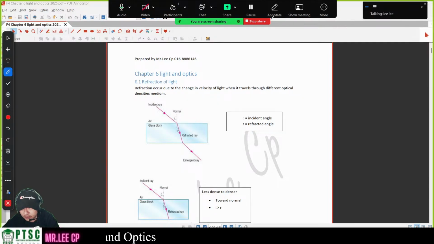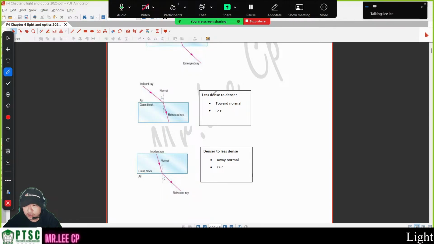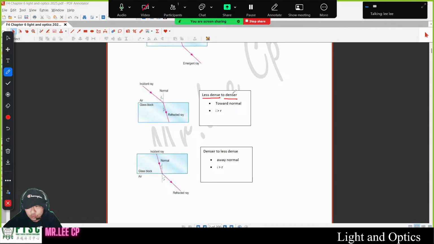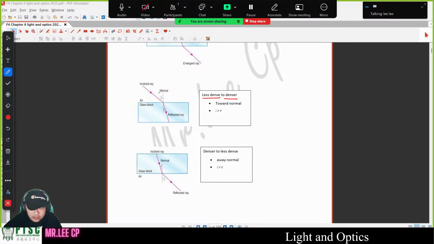So you need to know how to draw the direction. First, you need to know when the light travels from less dense to denser. Less dense means kurang tumpat. Kurang tumpat to tumpat, right? The less dense to denser, so it will bend toward the normal. So you can see this i is more than r.